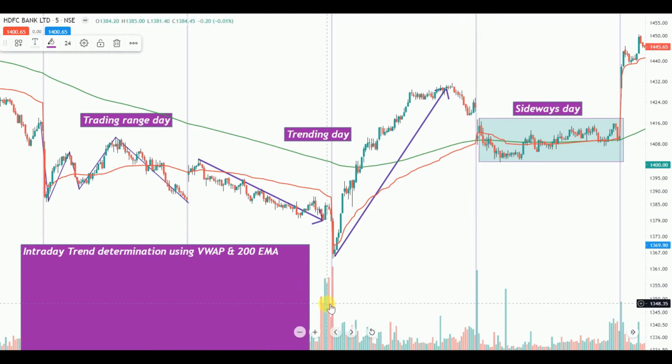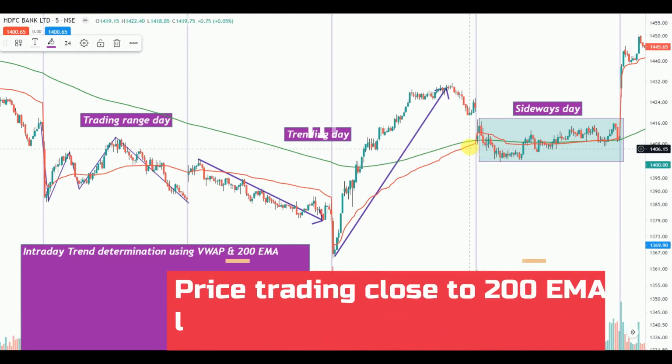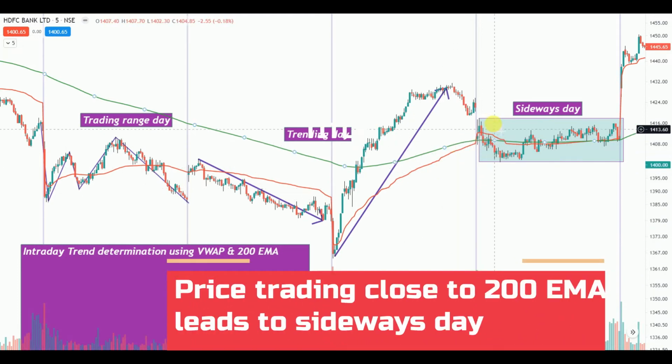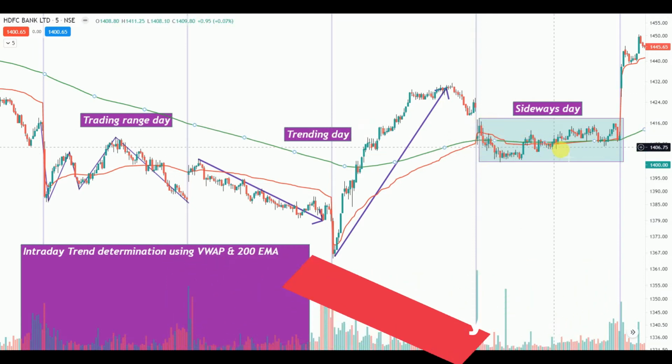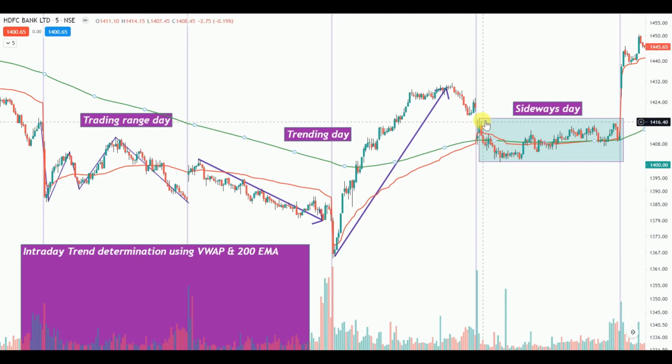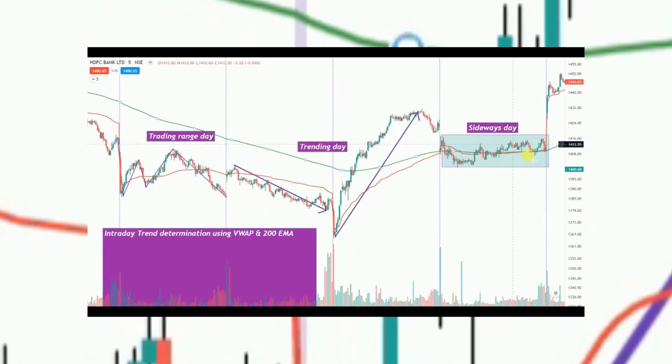That is, when price is trading very close to the 200 EMA, as in this case, then that will be a sideways day and we will try to avoid trading in those stocks.